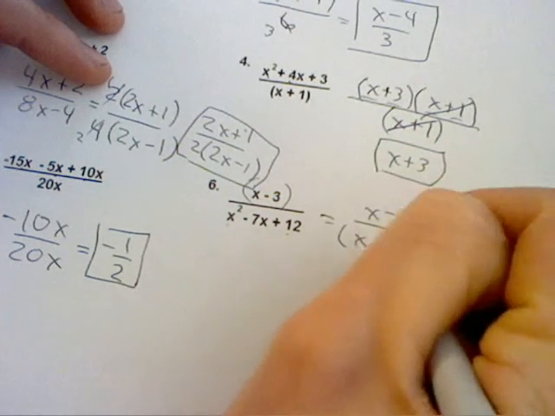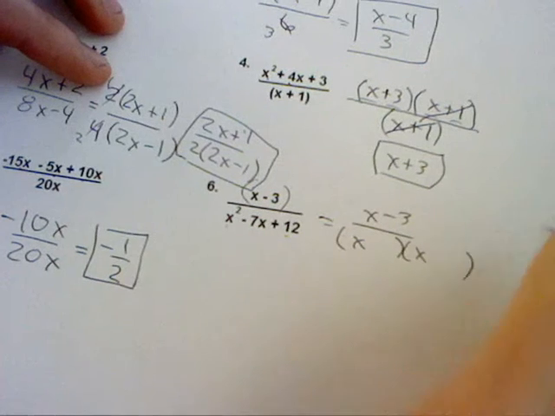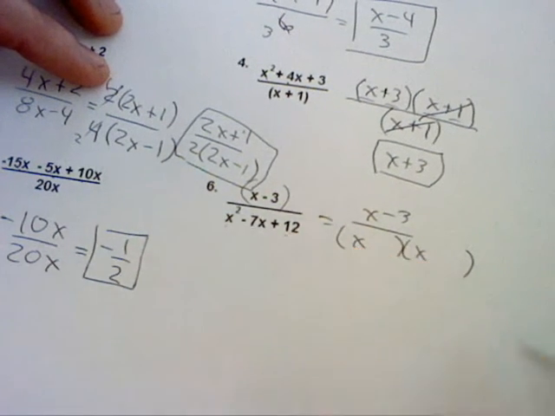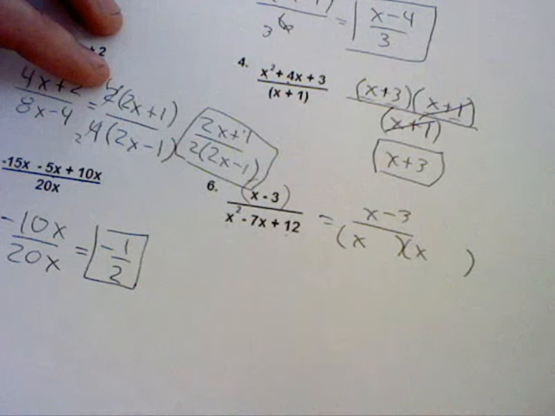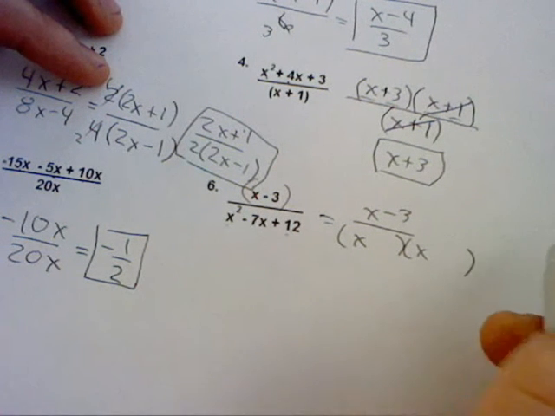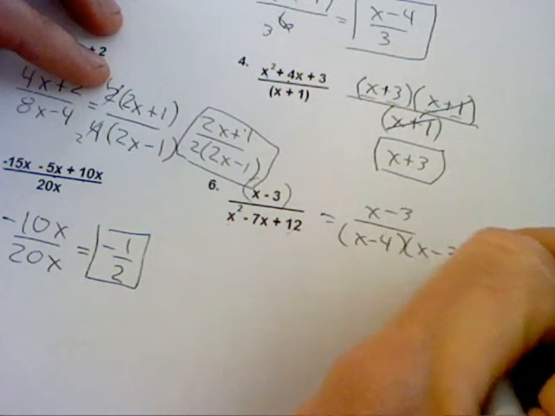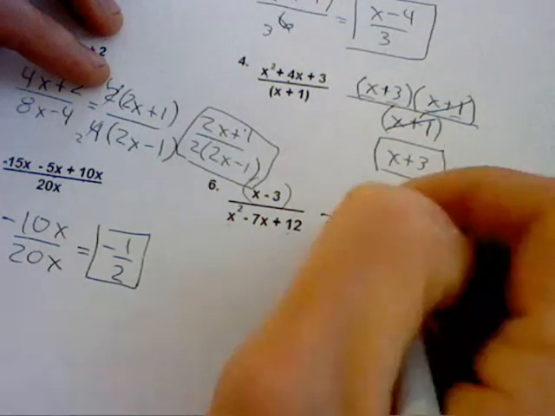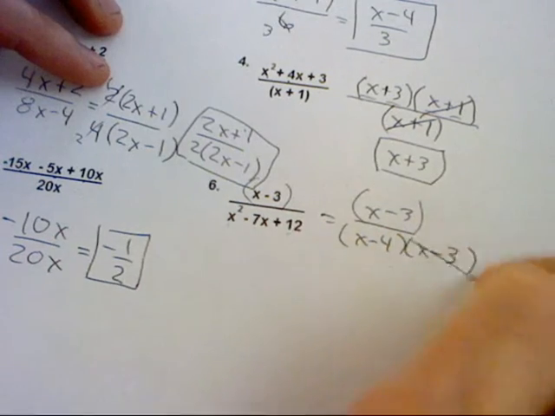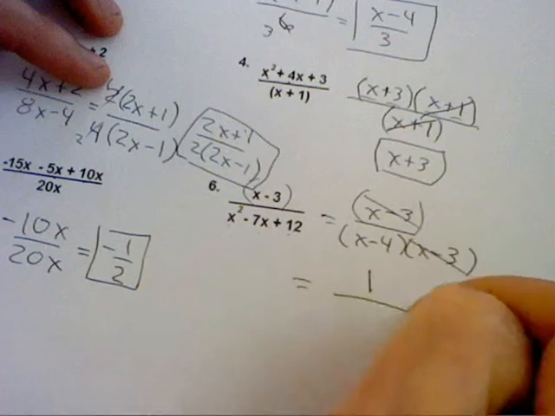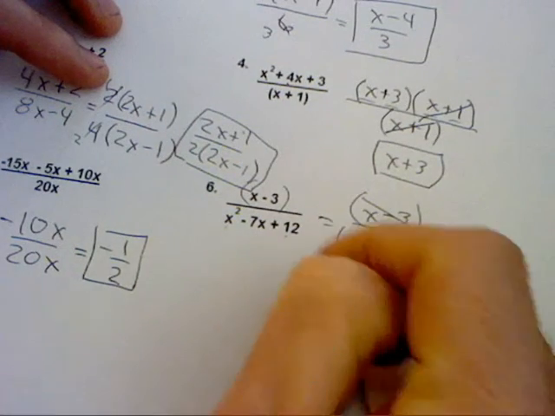So it's x and x for the first terms, and it's got to be two numbers that multiply to 12 and add to negative 7. So that would be, I think, a negative 4 and a negative 3. And again, notice that this binomial on bottom is the same as this binomial on top. So those can cancel. So you're left with a 1 in top and an x minus 4 in the bottom.